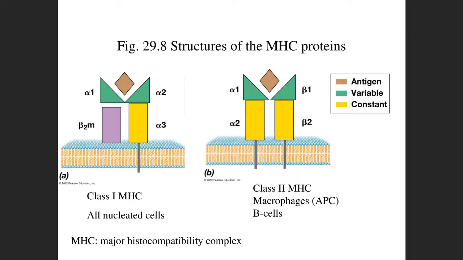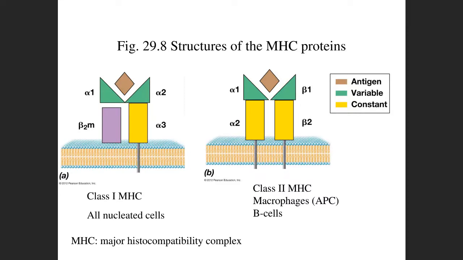On the other side is the major histocompatibility complex, the MHC complex. All the nucleated cells have this class 1, but class 2 is only on the surface of macrophage and B cell.